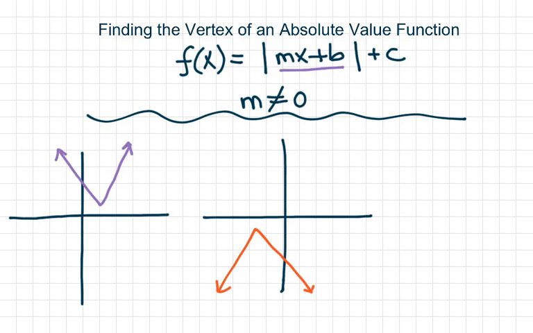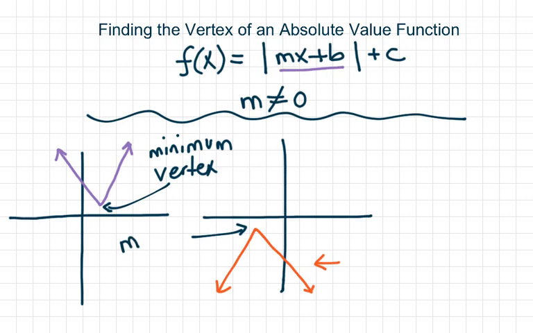The red one is just flipped about the x-axis as compared with the purple one. So this point right here is what we call the vertex. And this vertex is what we call a minimum. This vertex is what we call a maximum vertex.